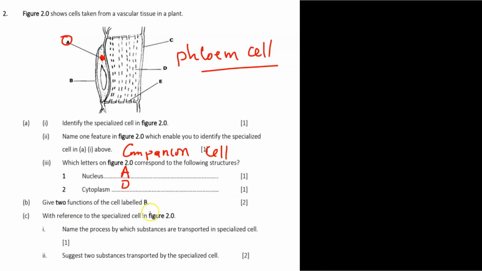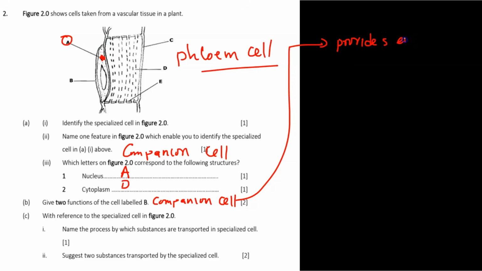Give two functions of cell B. Cell B, I said, is the companion cell. Now, what is the function of the companion cell? So let me just bring you here, and give the functions of the companion cell. So it provides energy in form of ATP and enzymes.